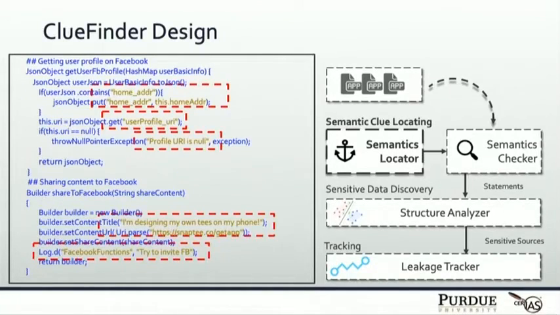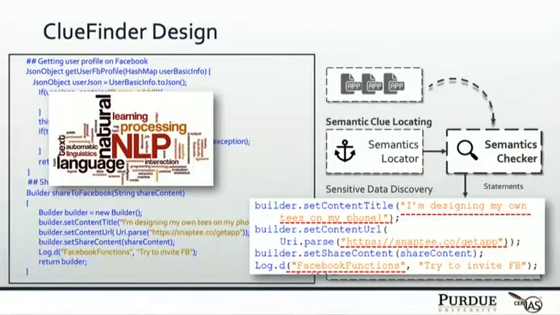So for a given Android app, the semantics locator first disassembles its code from the APK file and identifies the program elements that carry sensitive tokens. These sensitive elements are then inspected by the semantics checker.